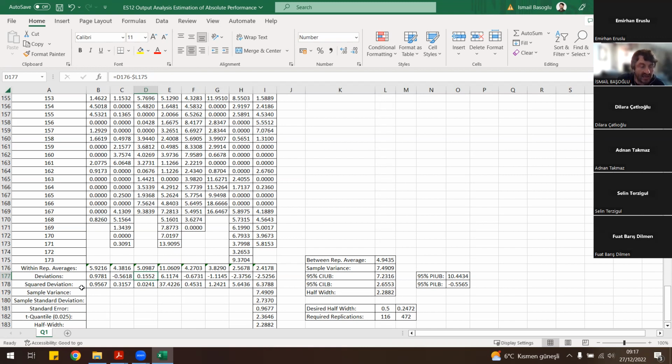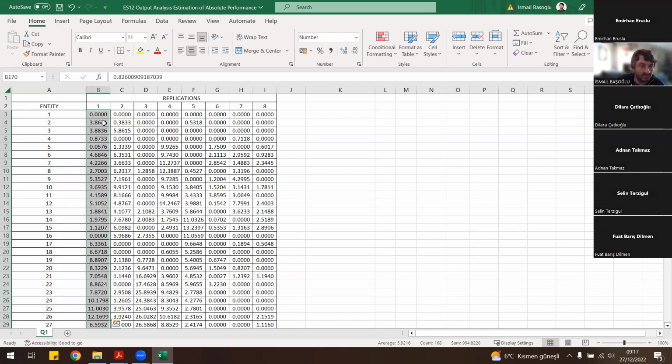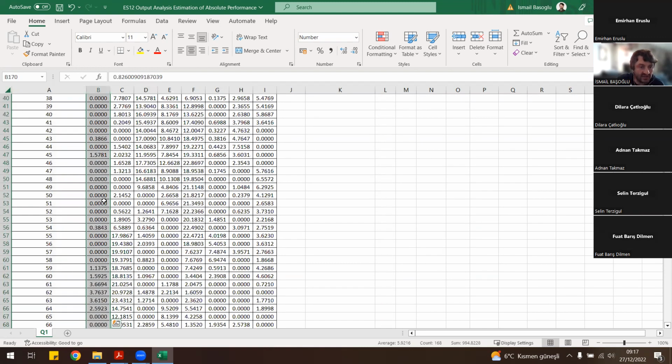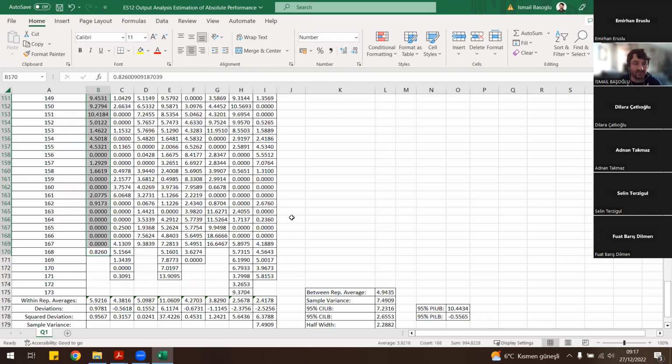In each replication, I can calculate the within-replication sample variances, which I'm not going to do. There is basically no practical purpose in calculating the variance of these 168 values. Why? Because with that sample variance, I can never develop a confidence interval.